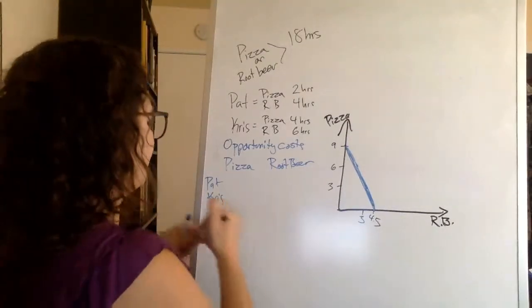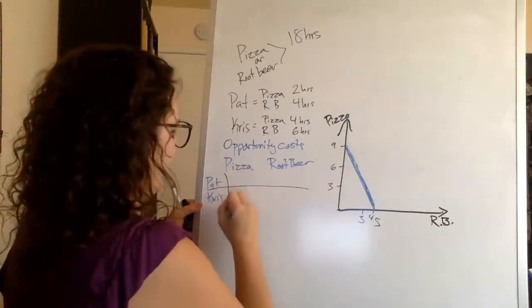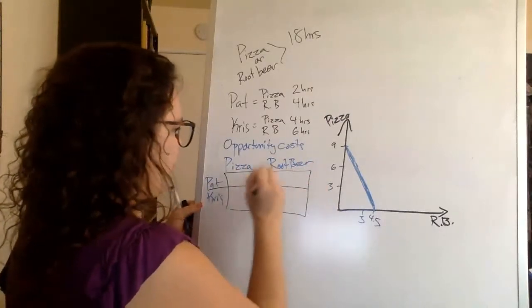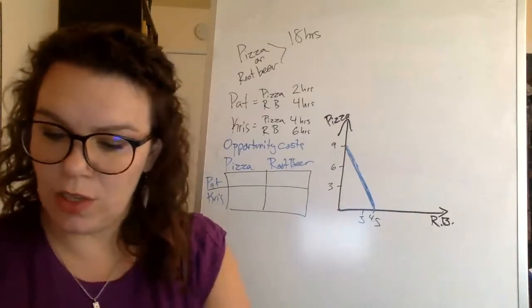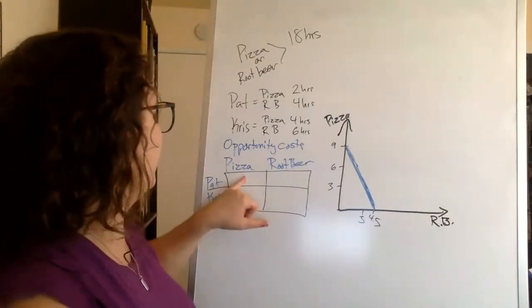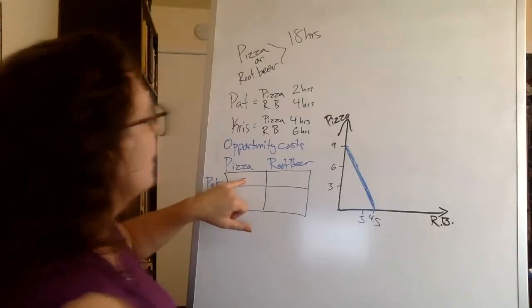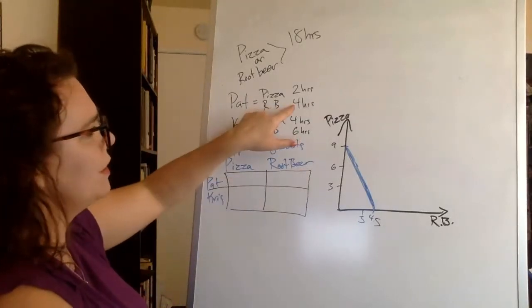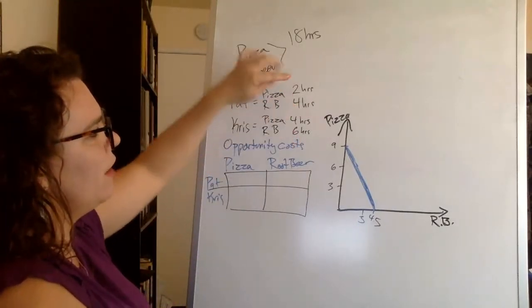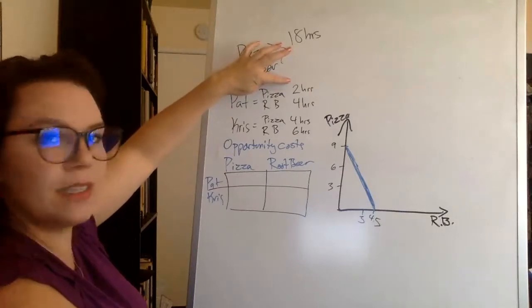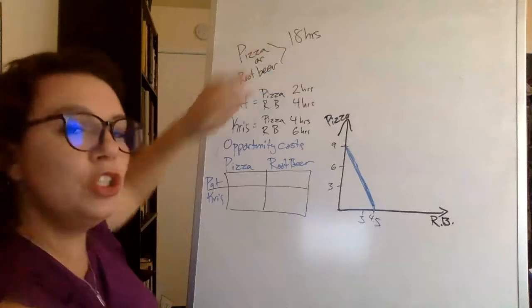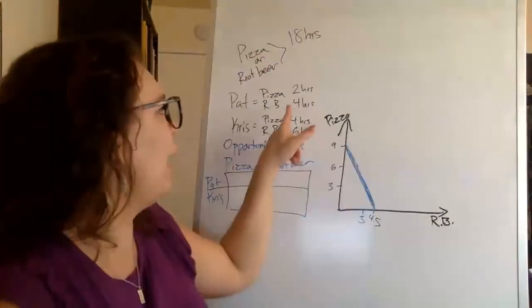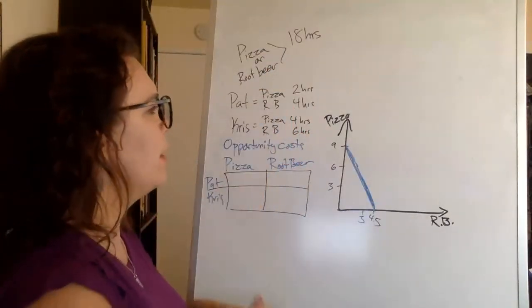So Pat and Kris have each their own opportunity cost of pizza and root beer, and it's going to be in terms of the other good. So Pat's opportunity cost of pizza is going to be based on how much root beer is given up to make that pizza. If Pat can make a pizza in 2 hours or a gallon of root beer in 4 hours, in the 2 hours it takes to make a pizza, how much root beer could Pat have made?